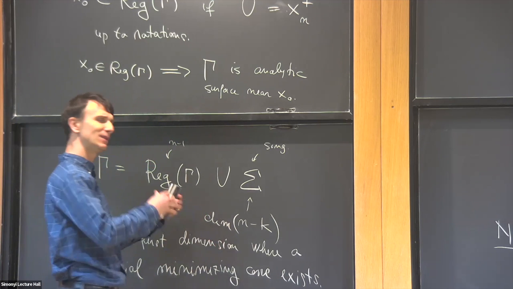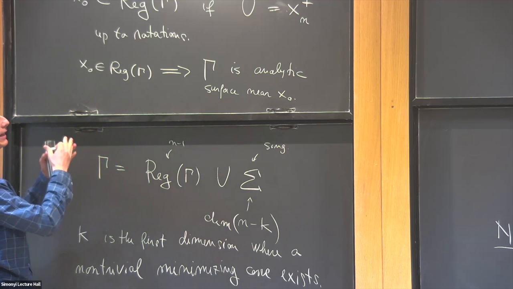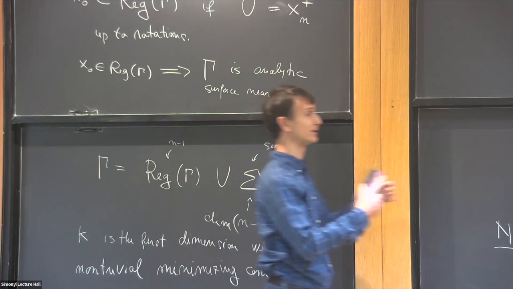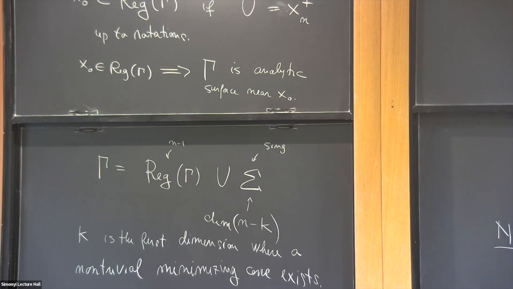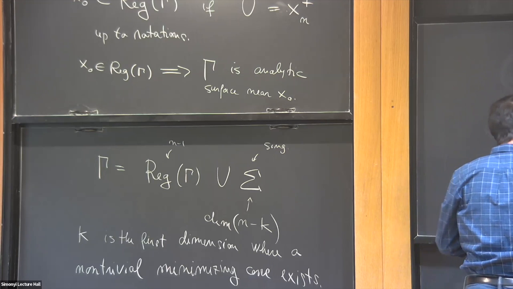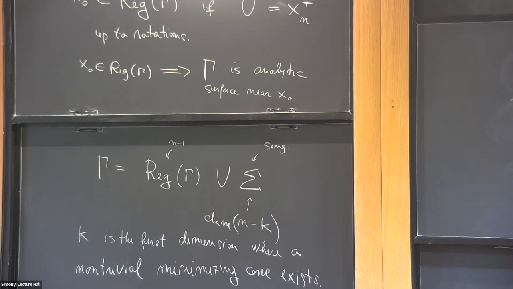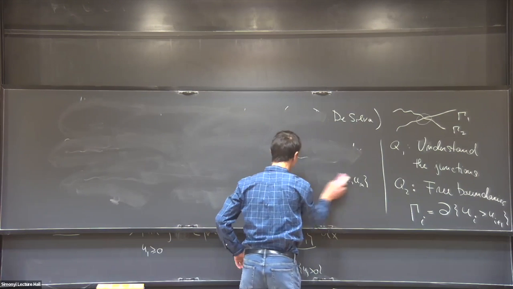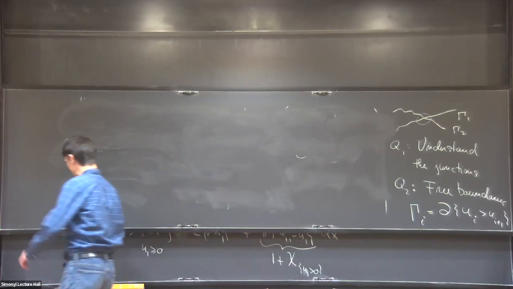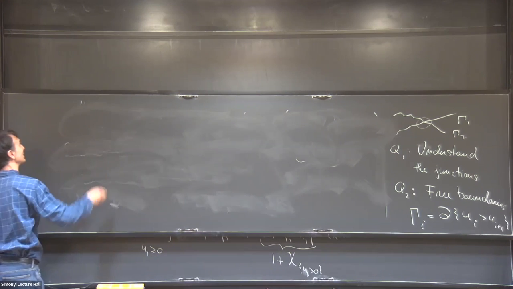So the question remains, can I have other cones rather than the one-dimensional ones, at least in low dimensions? And if you look not just at minimizing but at critical cones, there are some easy candidates. These would be, for example, cones that look like this.